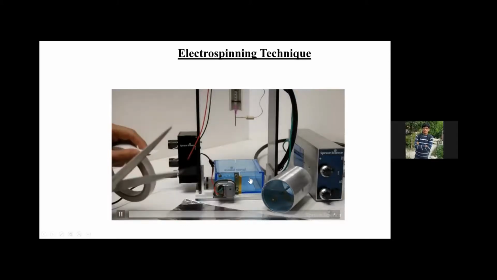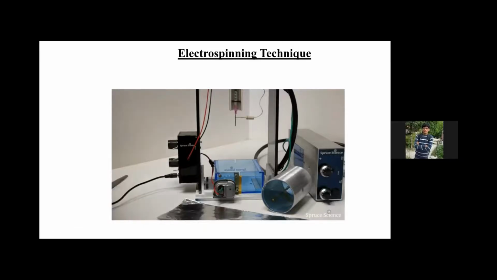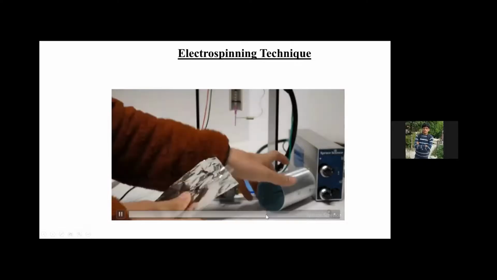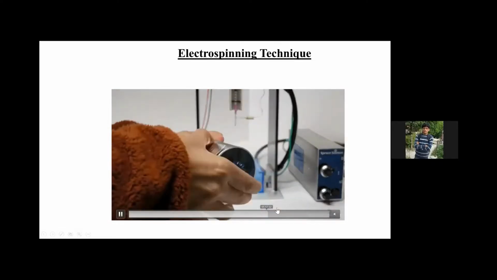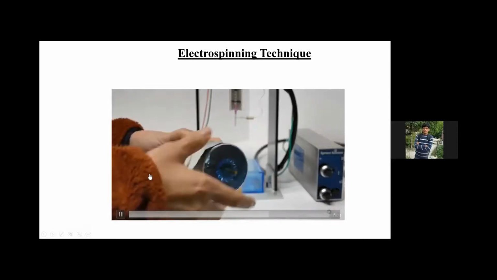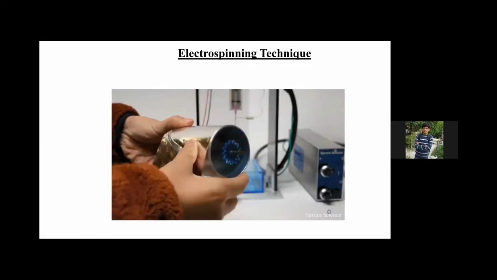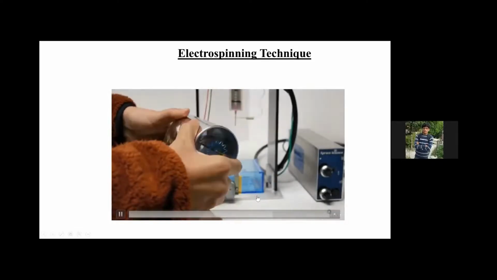For that, we take a simple aluminium foil and roll it through this collector. We can use our electrode or current collector accordingly, and we can get a good deposited film.